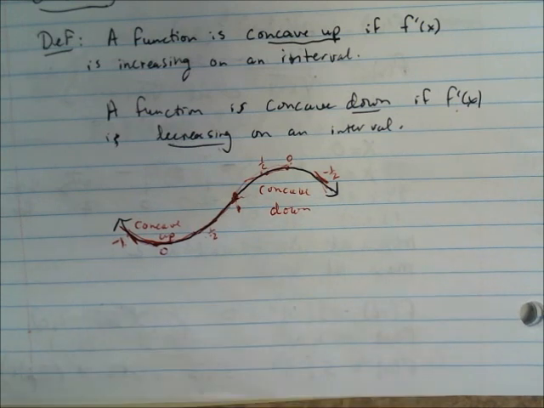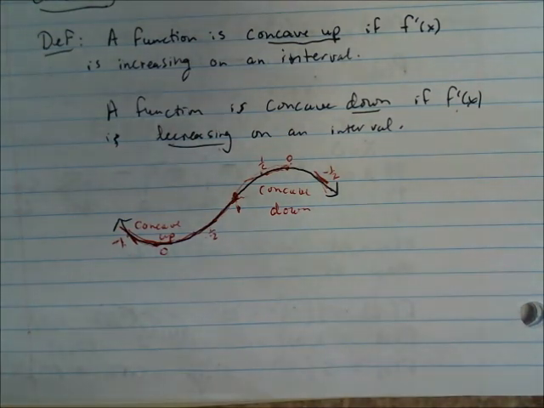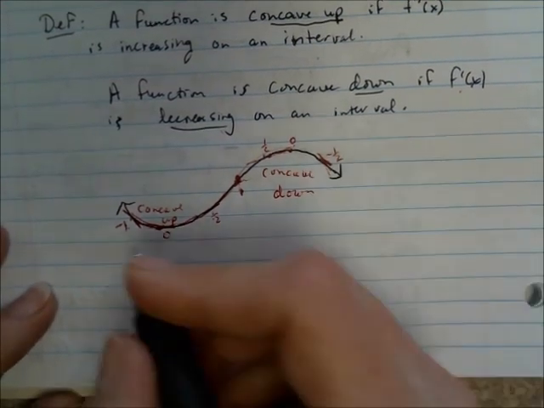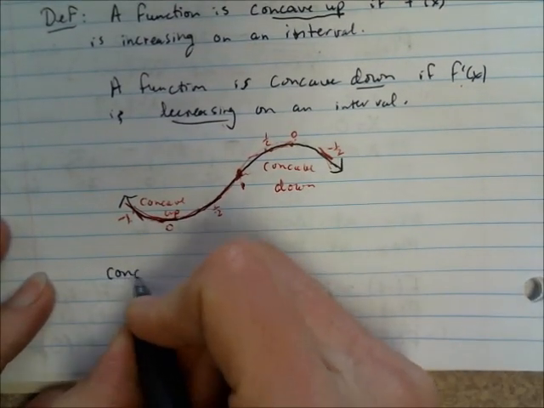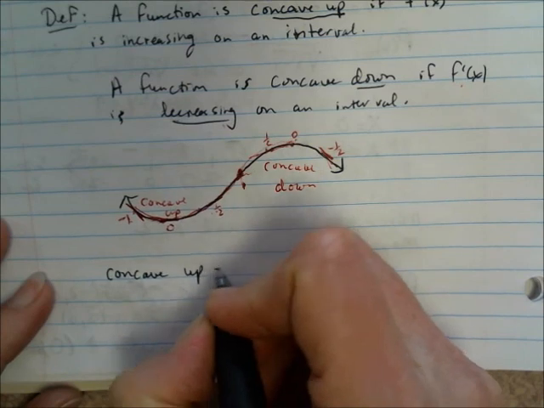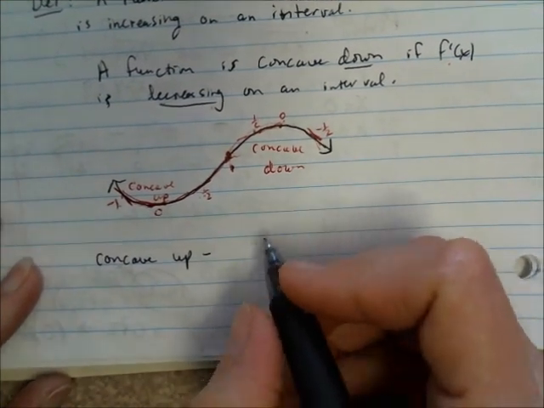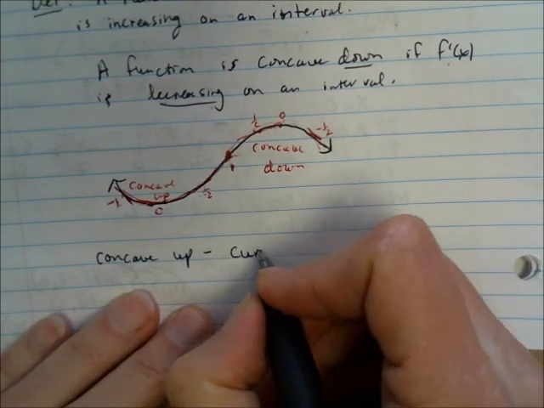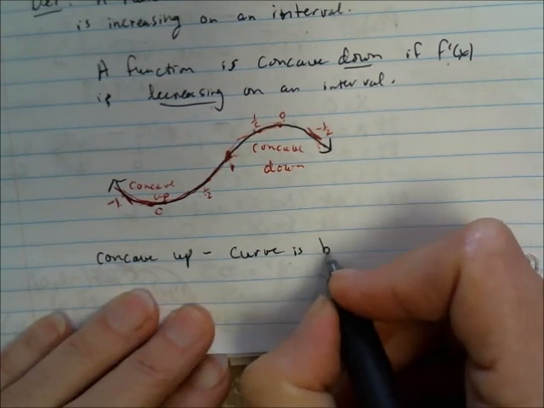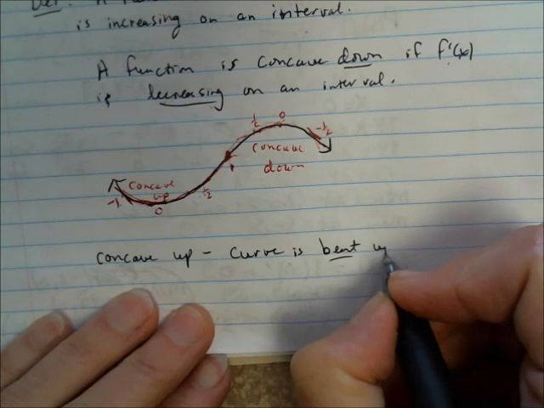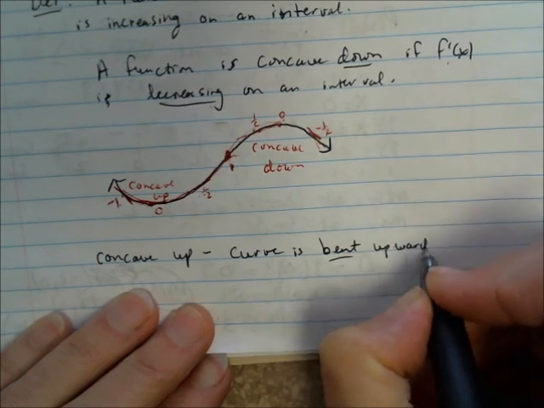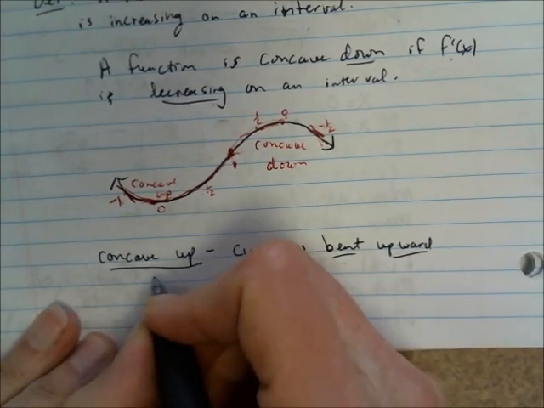And you can talk about the concavity as far as how the graph is being bent. That's not a mathematical definition, but a concave up graph, the curve is bent upward like an upright bowl.